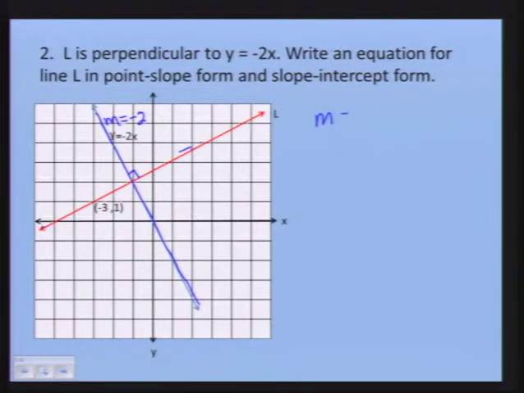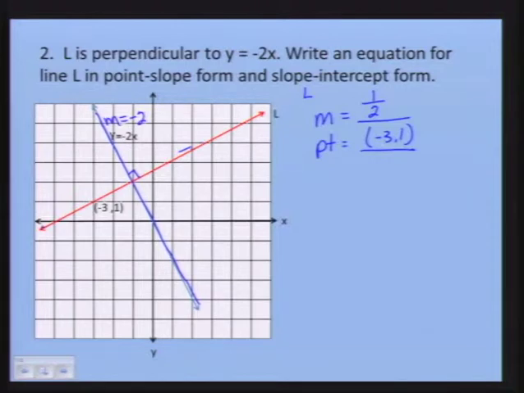The slope then of a line perpendicular to it is going to be the opposite sign, which is positive, and the reciprocal, which is a half. So the slope of our new line L here is going to be 1/2. And of course we have a point, (-3, 1), that we're given to work with.